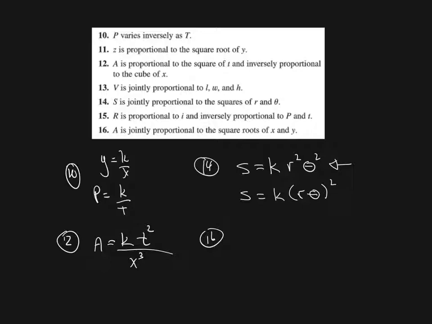we'll have two options. We have A is jointly proportional. So A equals K times the square roots of X and Y. So the square root of X and the square root of Y. Or we could have A is equal to K, X, Y, each to the 1/2. And according to the rules of exponents, that's what radicals are, they're just exponents. Keep in mind that the square root of X is the same as X to the 1/2.